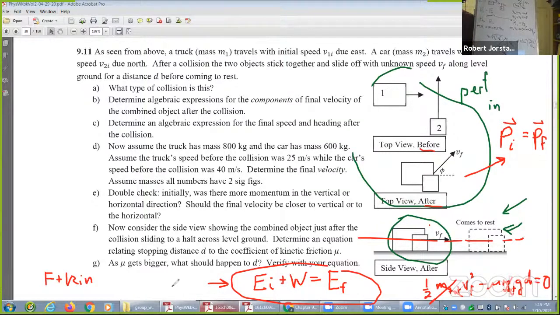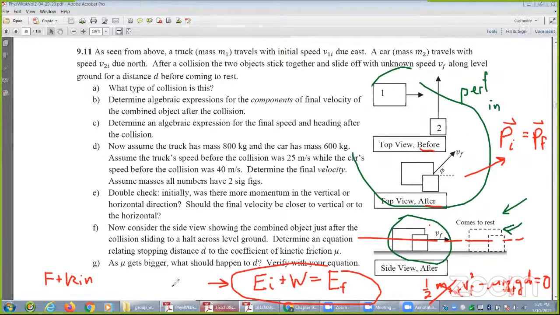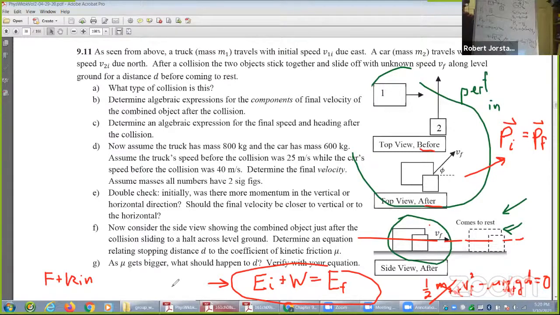Now, is there any practical application of this, or is this just a bunch of nonsense? What do you think? You could use it to determine who's at fault, like who's speeding. Exactly.